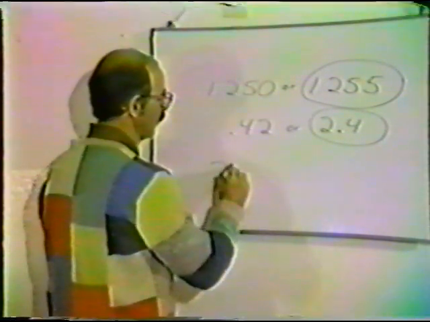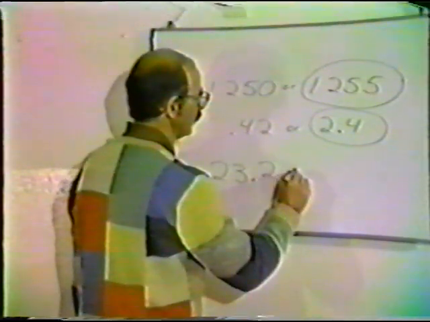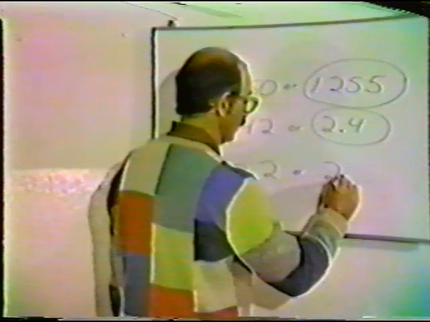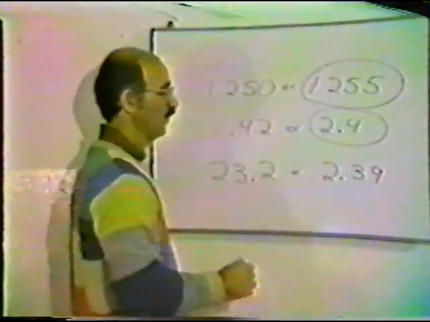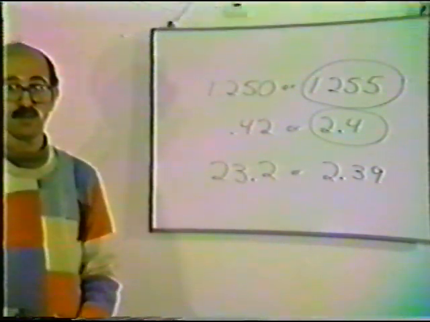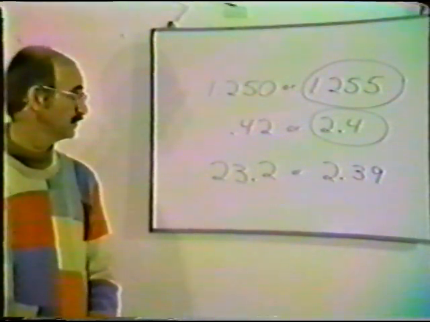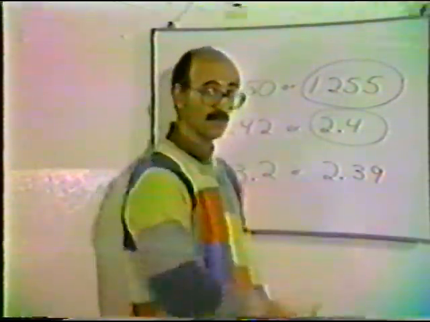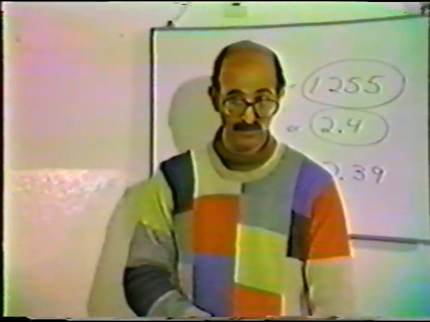Can I fool you on this one? 23.2 or 2.39. Which is larger? 23.2. But Uncle Dan, this is 232 and this is 239 and 239 is bigger than 232.